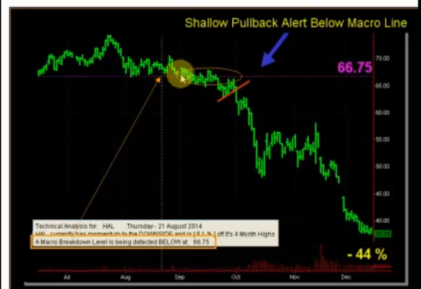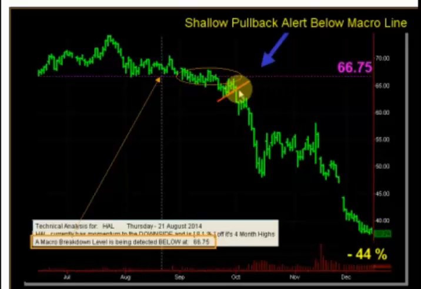Now, it basically clanged around that level for quite a bit. So this isn't one of those things where you want to jump into a trade as soon as you touch that price. This is more of a macro zone. Notice though, you broke down and then the software gave a shallow pullback to short here. And then look at the nice little plunge. 44% move at the point in time I made this chart.